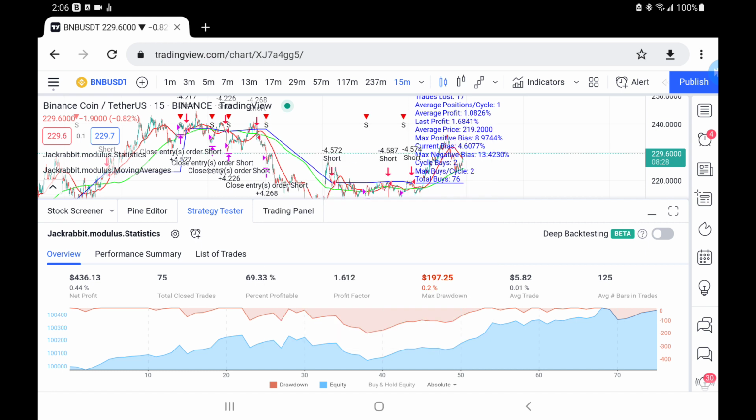Okay, so if we shorted the market starting in November, we would have made $436 over the course of the last half year. Reasonable, beneficial, but how do you know when a bear market's going to start? Do you run both the long and the short at the same time and simply take the difference between the two?